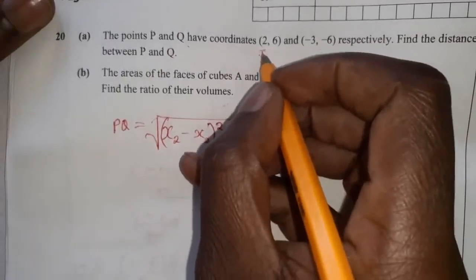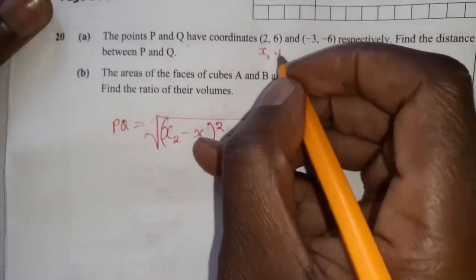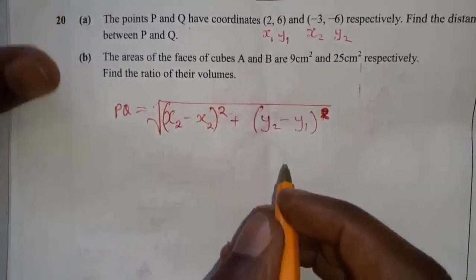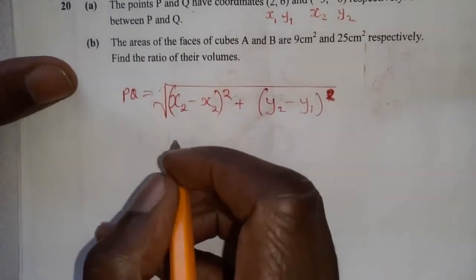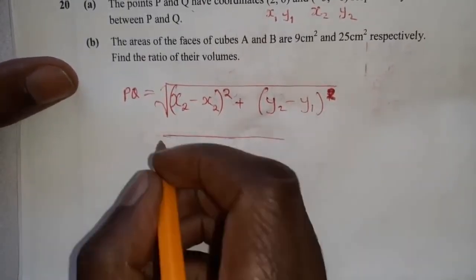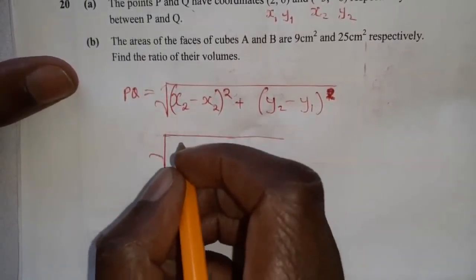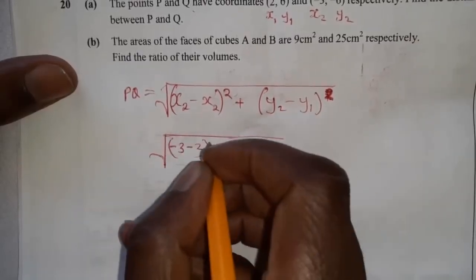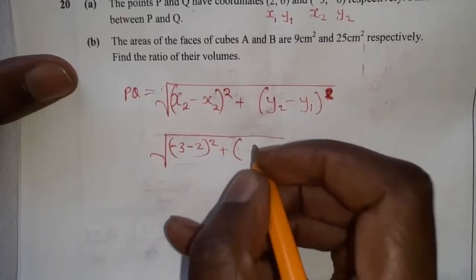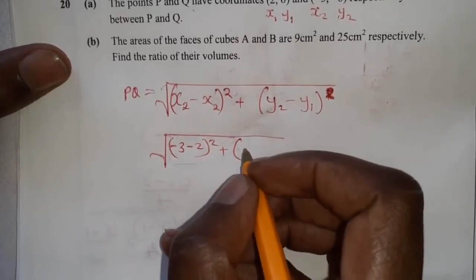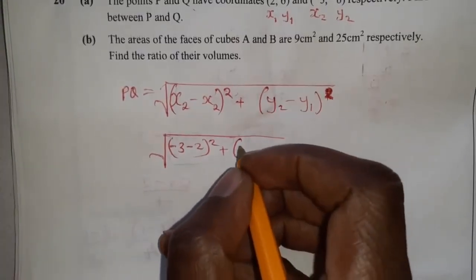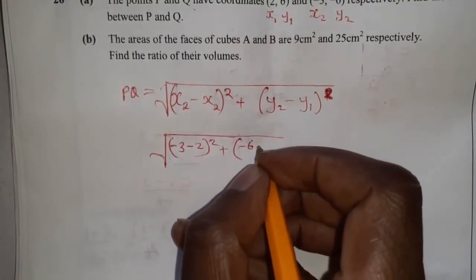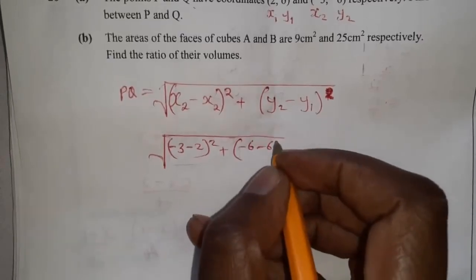So this is our x1. This is our y1. This is our x2. This is our y2. So our x2 is negative 3 minus 2, squared, plus. Then here we have negative 6 minus another 6.